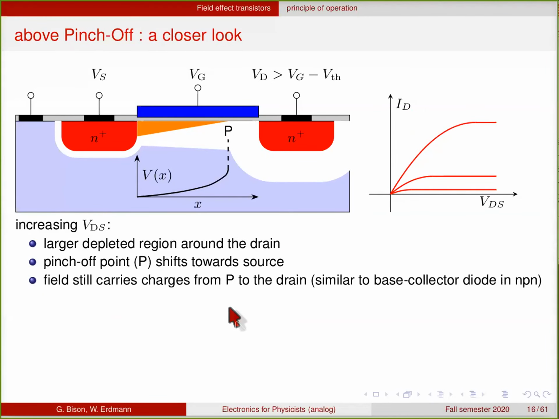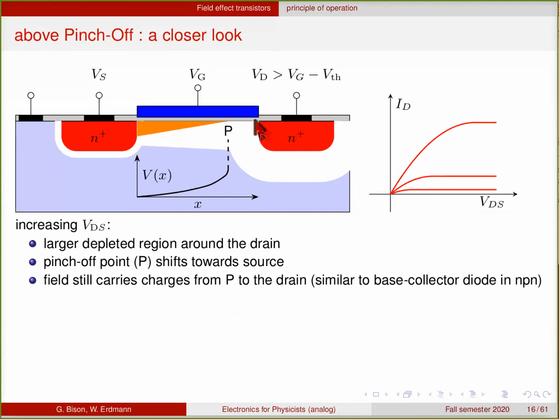We can look a little closer at what happens when you go above the pinch-off. So we said the voltage increases up to the pinch-off voltage, and then makes a jump to the drain voltage. However, there's another effect. If you increase the drain potential more and more, then the depletion region around the drain becomes larger, which makes the channel effectively shorter.